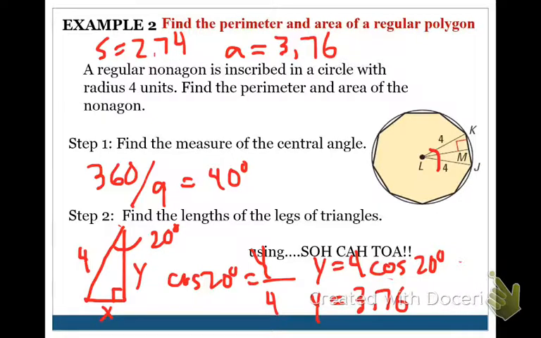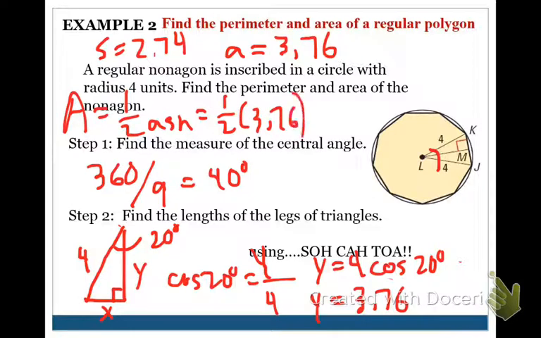Now I have all the information I need to calculate the area. Okay? The area equals 1/2 a s n. So that's going to be 1/2 times 3.76 times s, which is 2.74, and then n is 9.